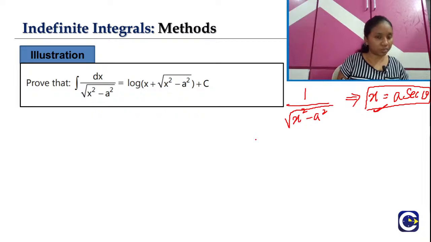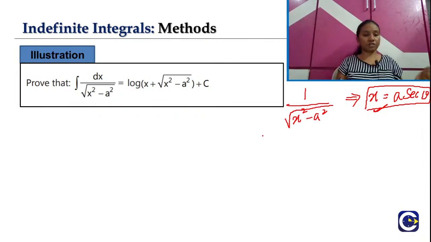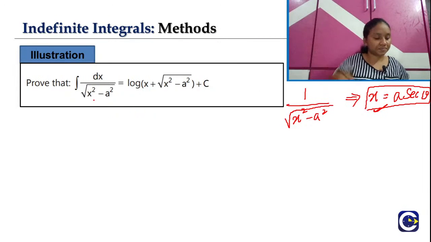So what will you be getting after substituting a secant theta in place of x? Can you just tell me that? So what is our substitution? a secant theta. So let's substitute and see.